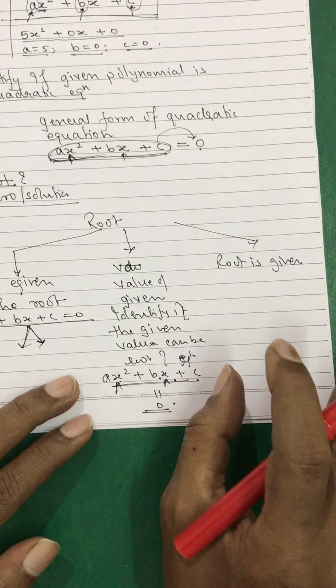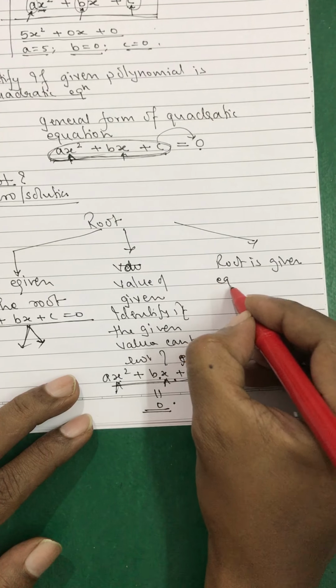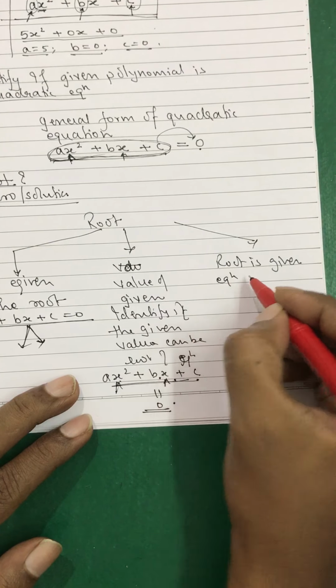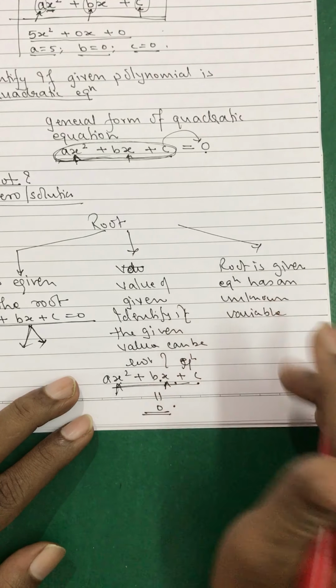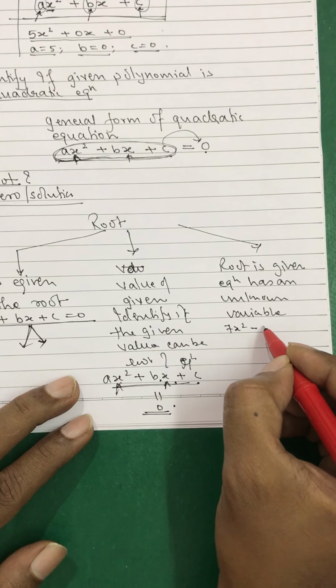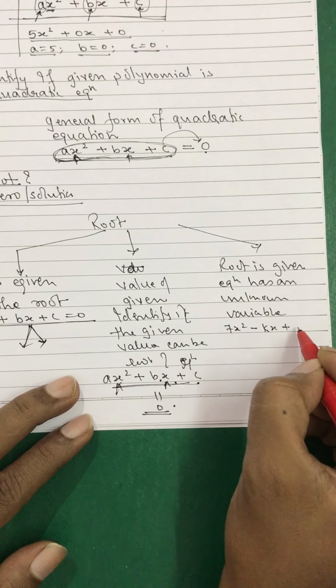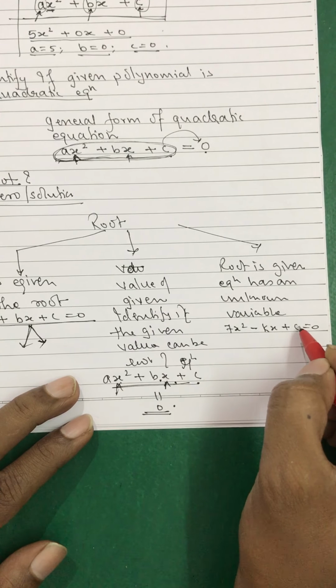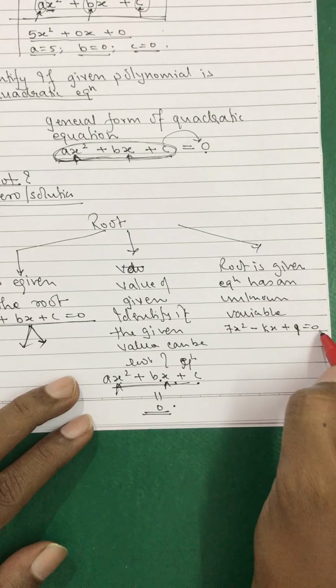This is a root, and the equation also is given, but it has an unknown variable other than the main variable. For example, it can be like 7x square minus kx plus 9 is equal to 0.